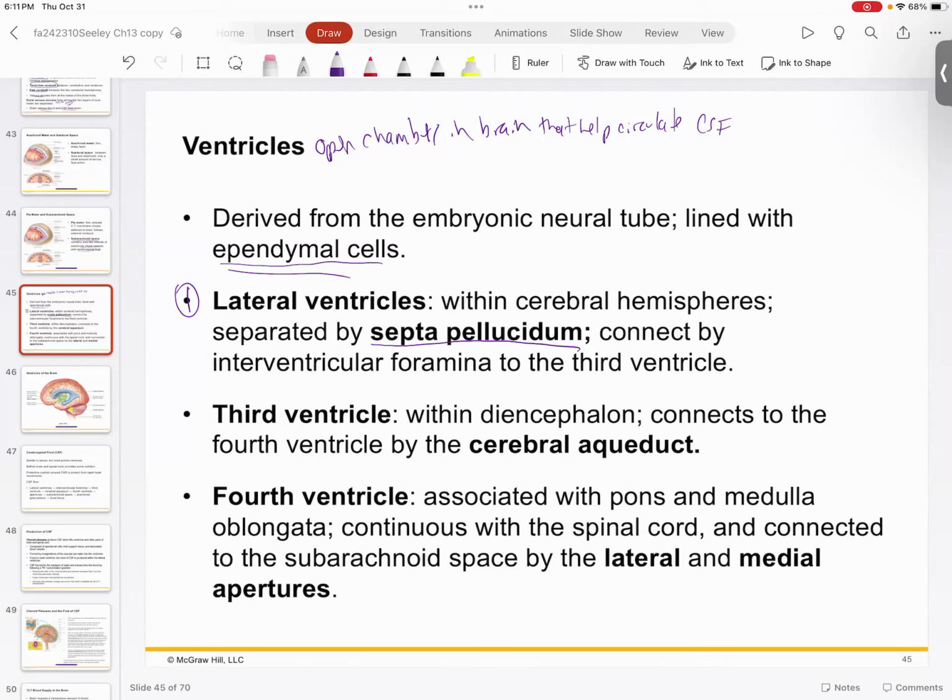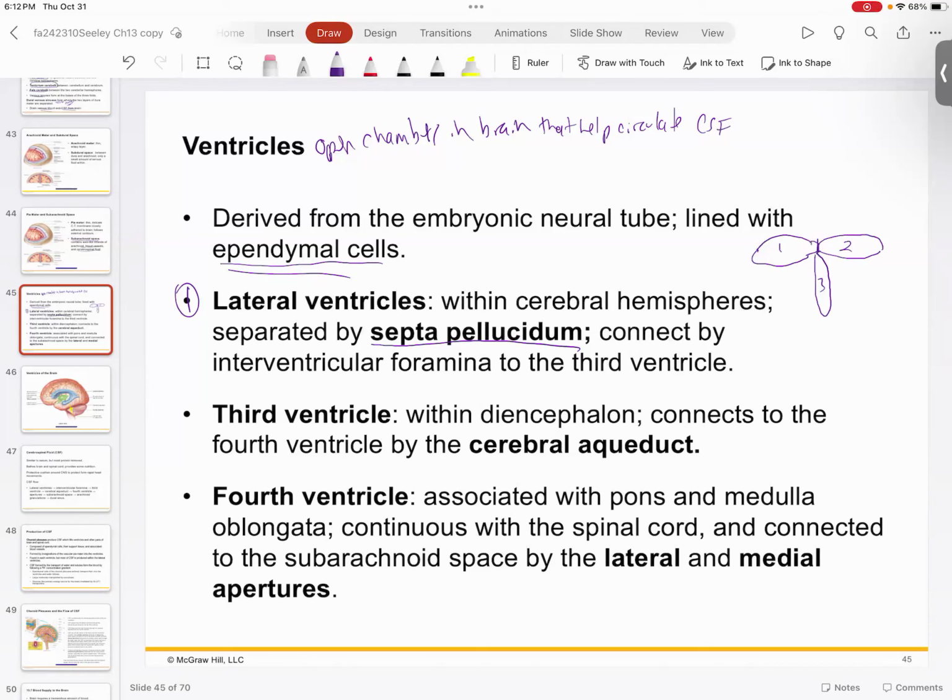And so this is connected then to the third ventricle. If you take a look at the brain in the coronal aspect, you'll see that you have a lateral ventricle like this. You'll see the septum pellucidum, the second ventricle, which is a lateral, and then below it, you'll see like this T shape, which would be the third ventricle, just below it.